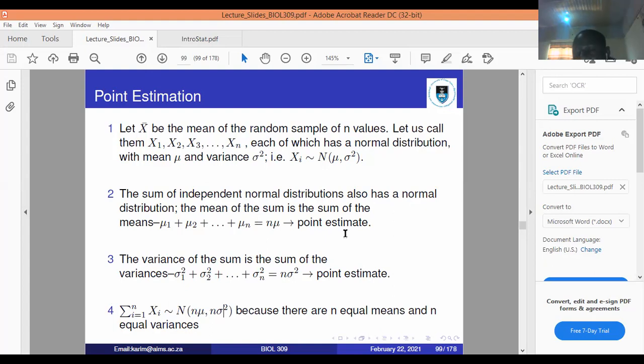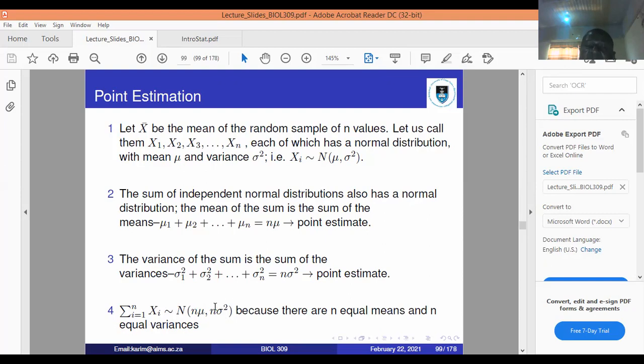If I sum the x's and divide by n, what am I going to get? I'm going to get x bar, and then I'll divide this one also by n, so n will cancel n.